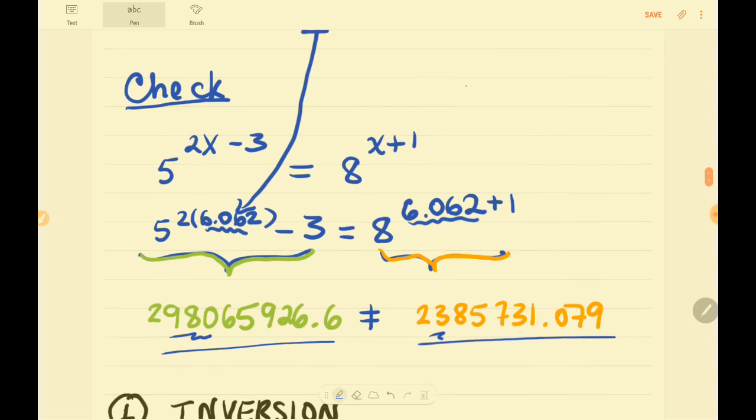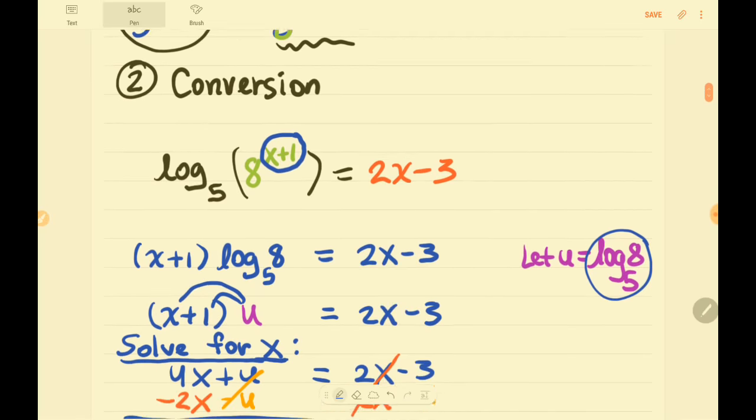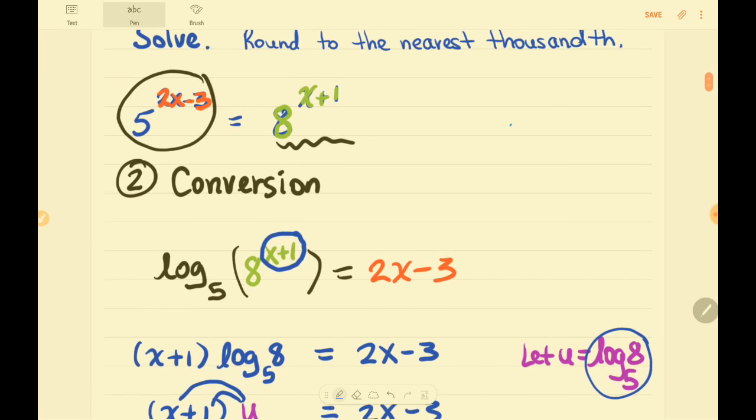If you look back at that first step with conversion, we got something like this, but we didn't have a log on both sides.